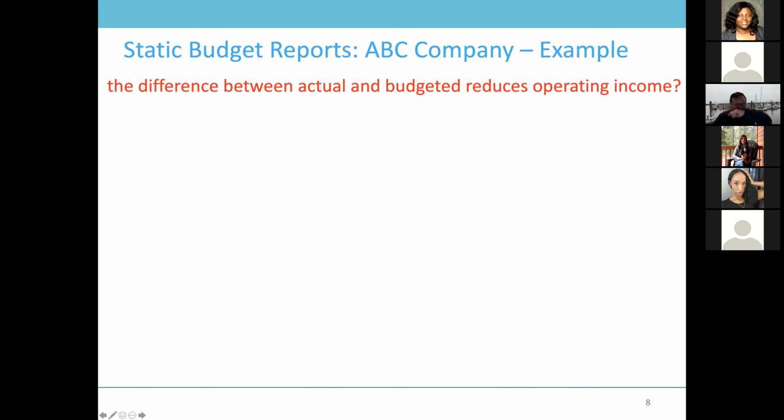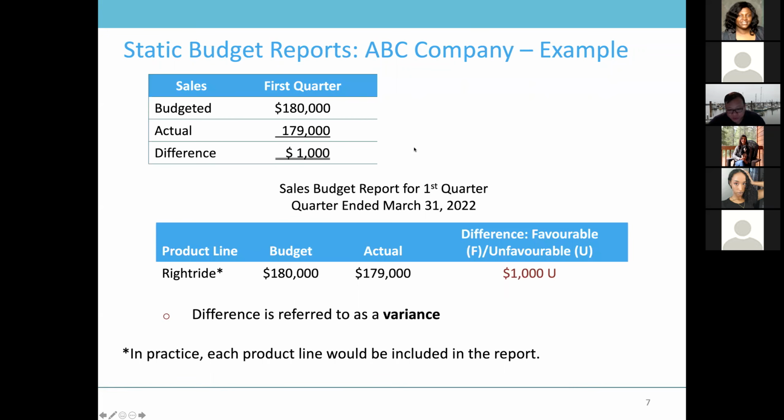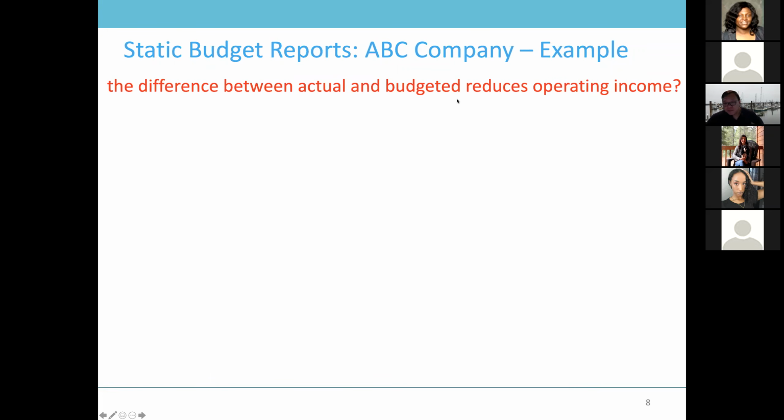So for the difference between the actual and the budgeted numbers, the question you want to ask is, does that difference reduce operating income? If you answer yes, this variance is considered unfavorable, because the bottom line is you want to maximize your operating income.